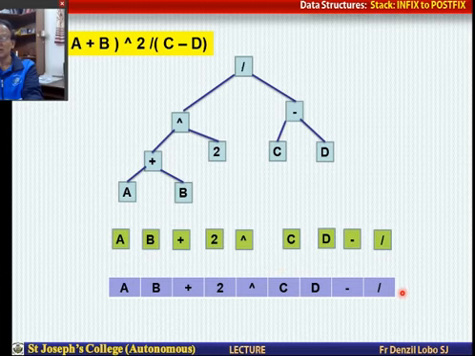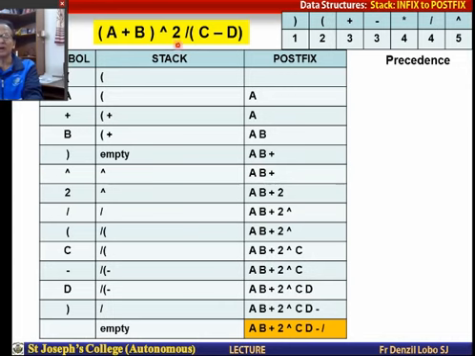So this becomes the postfix expression of this infix notation. I have already done it here, as you see, the left bracket, A plus B, etc. goes on as it is.